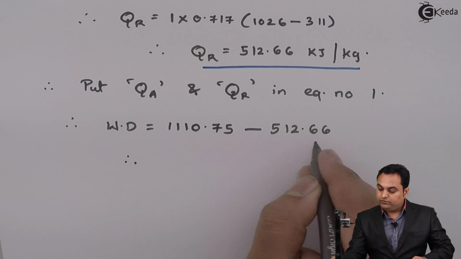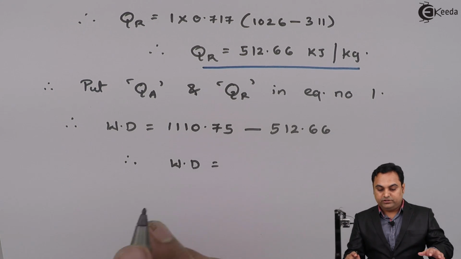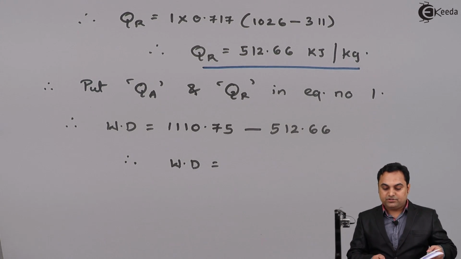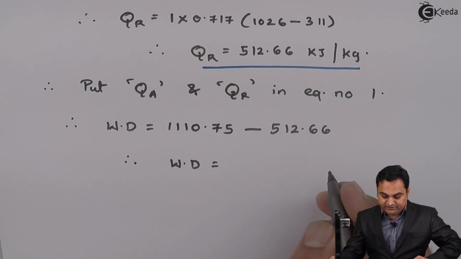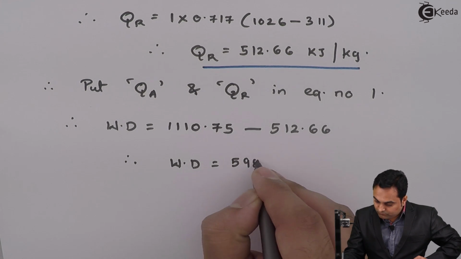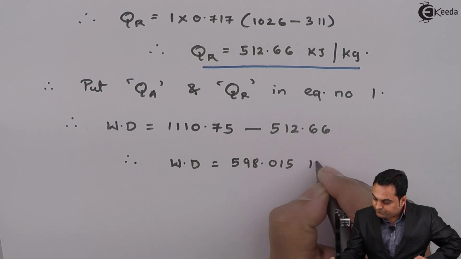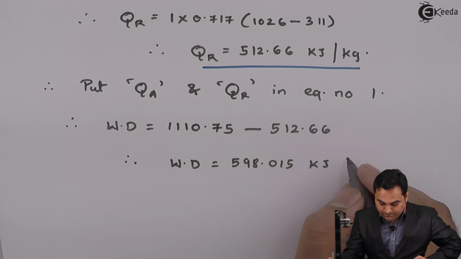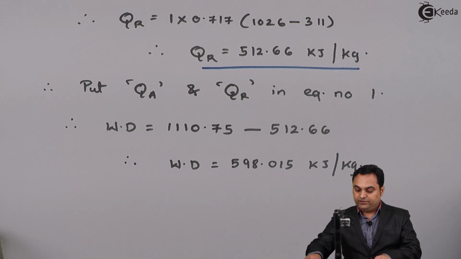So from this I'll get the value of work done, and it comes out to be 598.015 kilojoule per kg, and this will be the third answer.